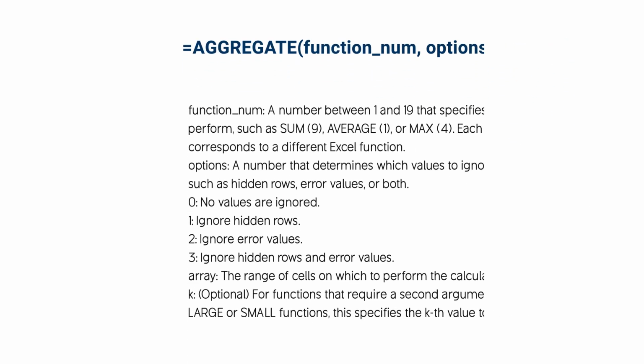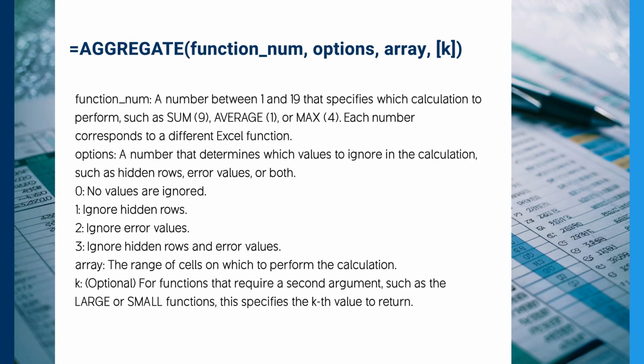Let's dive in. Here's what each part of the aggregate function means. Function num, a number between 1 and 19 that specifies which calculation to perform, such as sum 9, average 1, or max 4. Each number corresponds to a different Excel function.